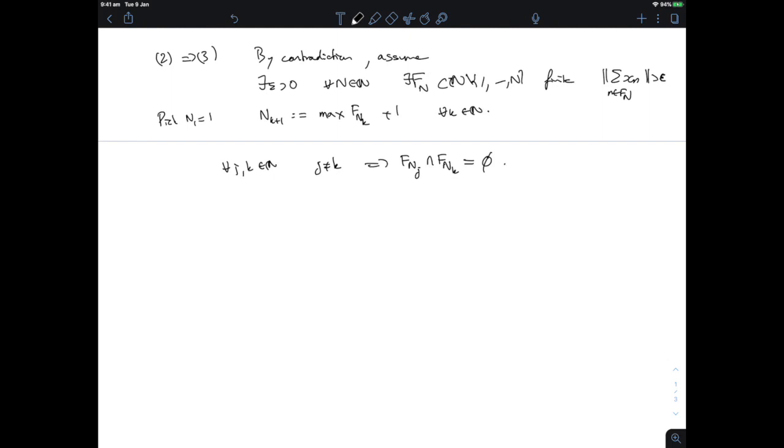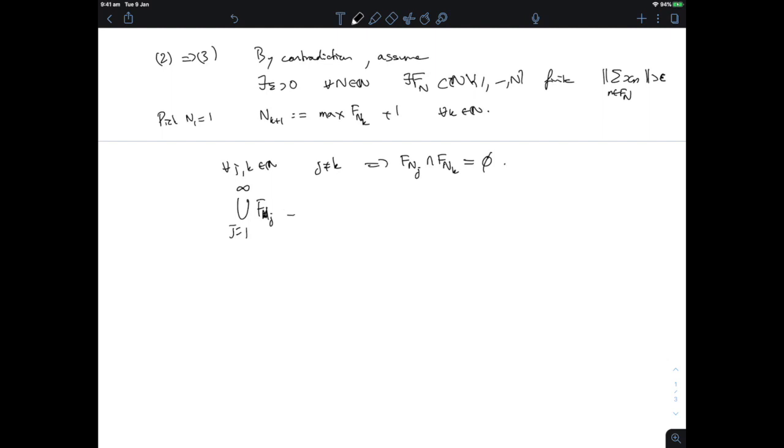Now, because they are disjoint, if I take the union of these disjoint sets F_{N_j}, j running between 1 and infinity, it's an infinite union of disjoint subsets of the natural numbers, and every set starts at a point which is further than the maximum of the one preceding it.